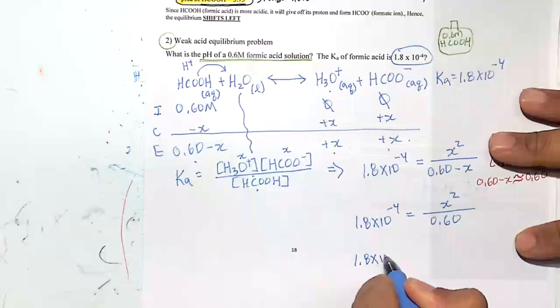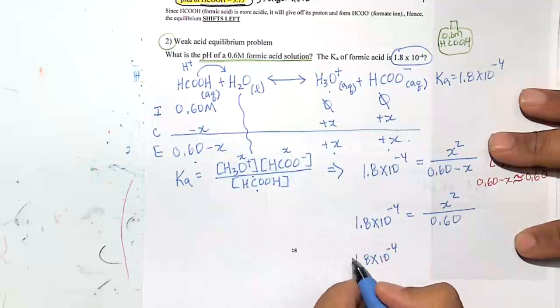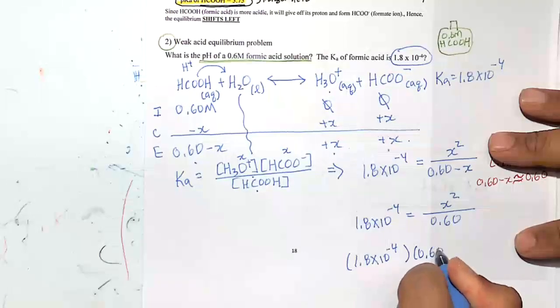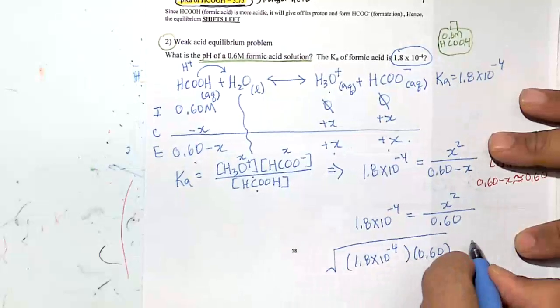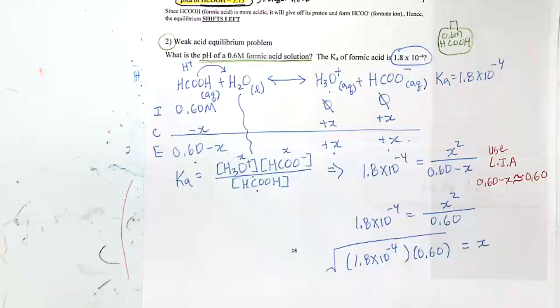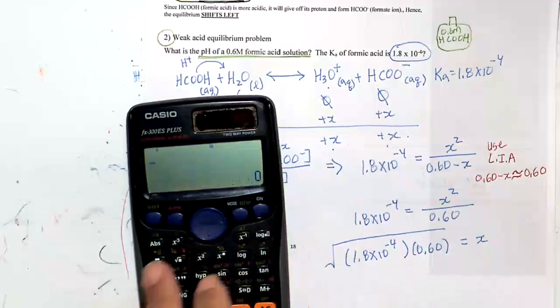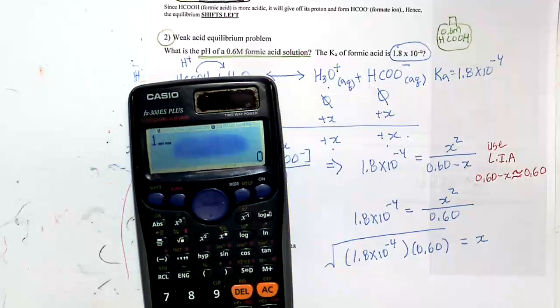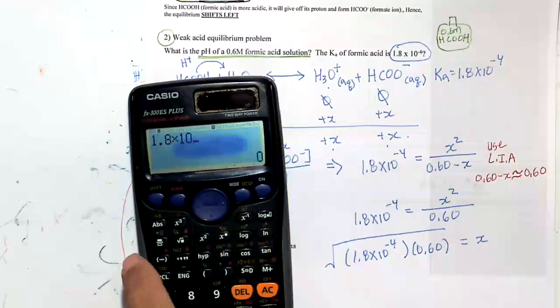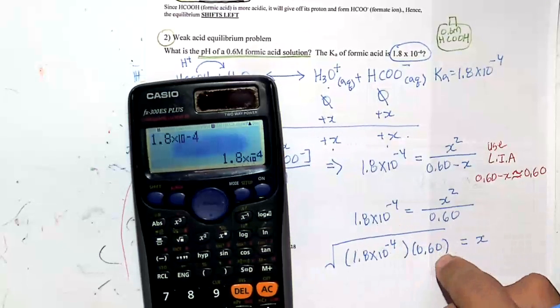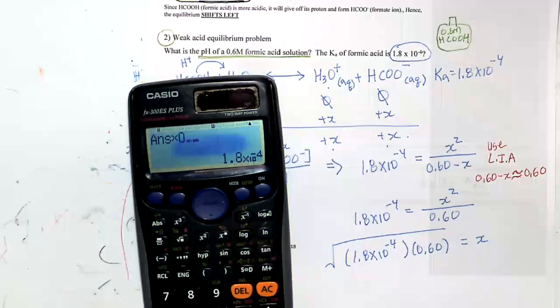I'm going to do this in one fell swoop. 1.8 times 10 to the minus 4 times 0.60, we square root this, equals x. Okay, square root of that.